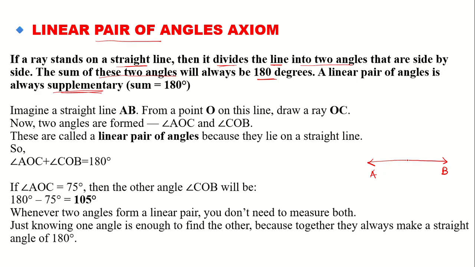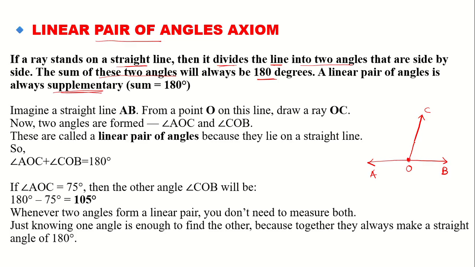Now on this straight line AB, I'm taking a point O. From this O, I'm drawing a ray and pointing it as C. So on the line AB, I'm taking a point O, and from point O I'm drawing another ray, let's say OC.